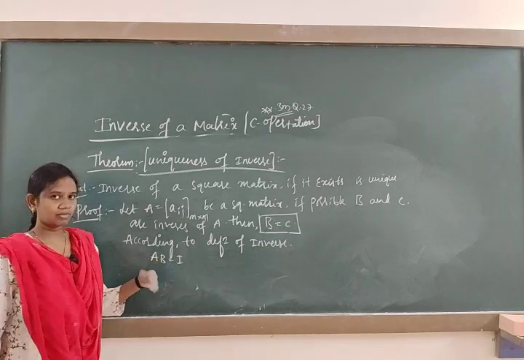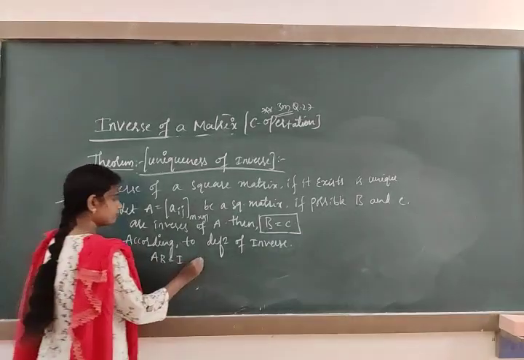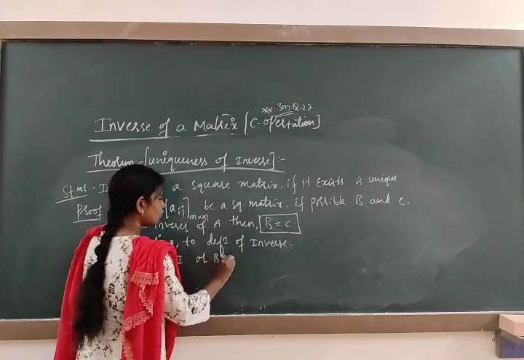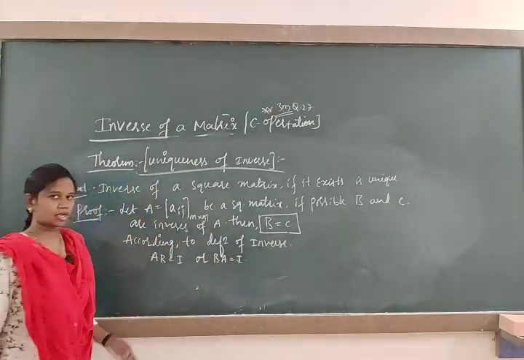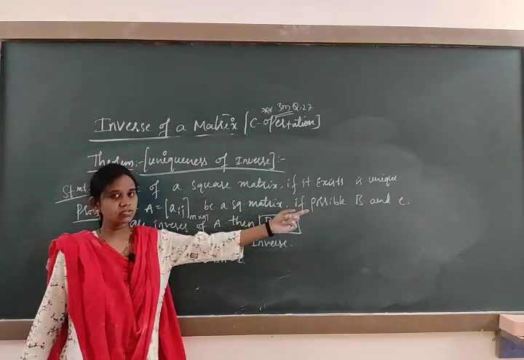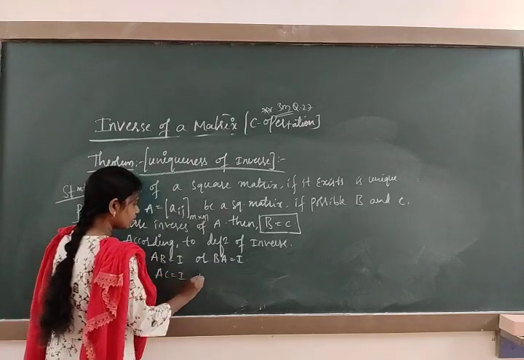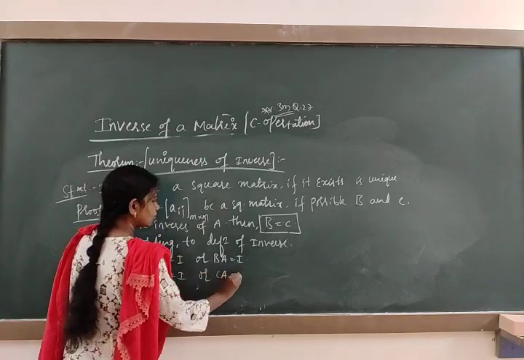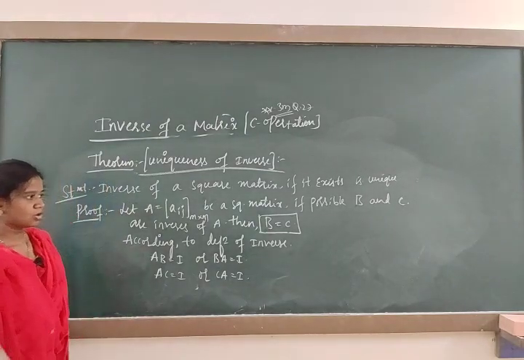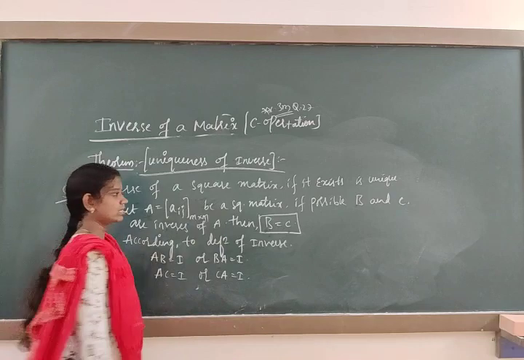Remember, A into A inverse is I. B is equal to A inverse, or BA equal to I. This was the definition we took in the last session. Similarly, C is also an inverse of A, which means you can take AC equal to I or CA equal to I. Now we have to show left hand side equal to right hand side.